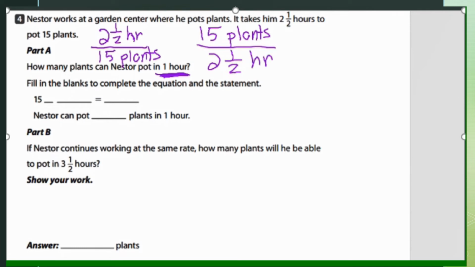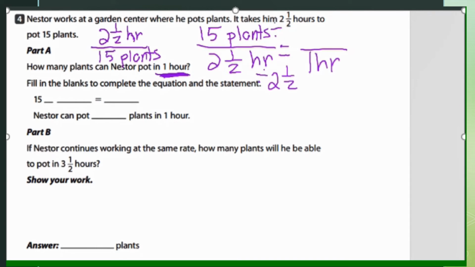Now I need to find the unit rate. So I need 2.5 hours to be equivalent to 1 hour. So how do I get the denominators to be equivalent to 1 hour? I have to divide 2.5 by itself. Whatever you do to the denominator, you have to do the same thing to the numerator.